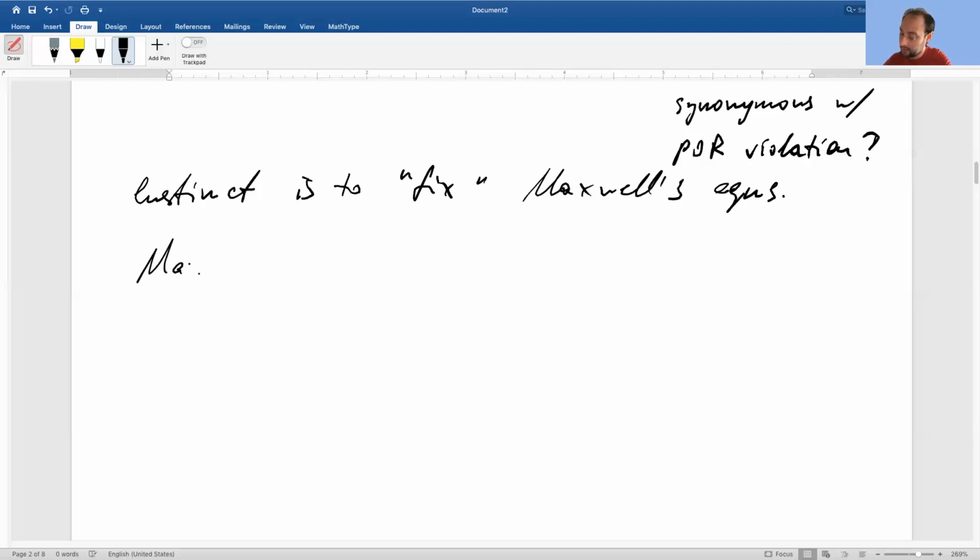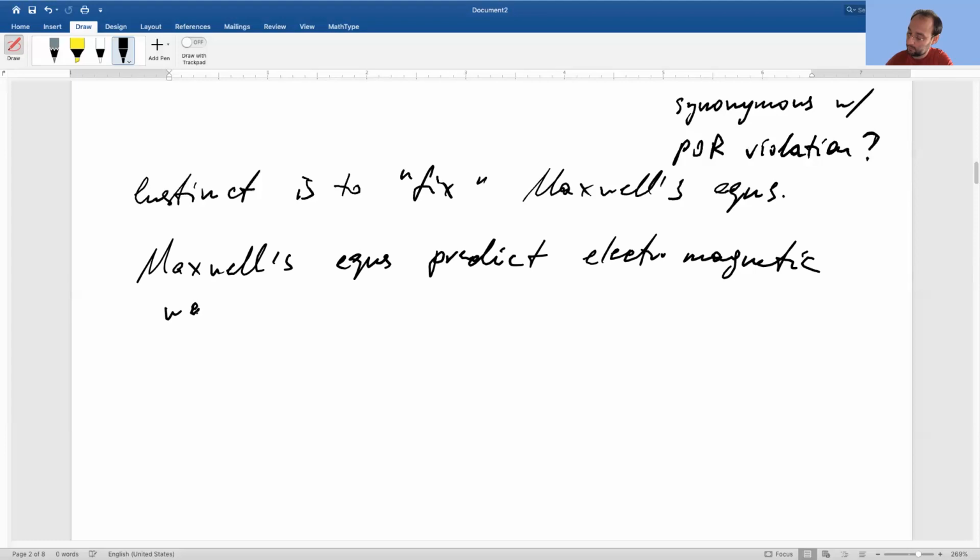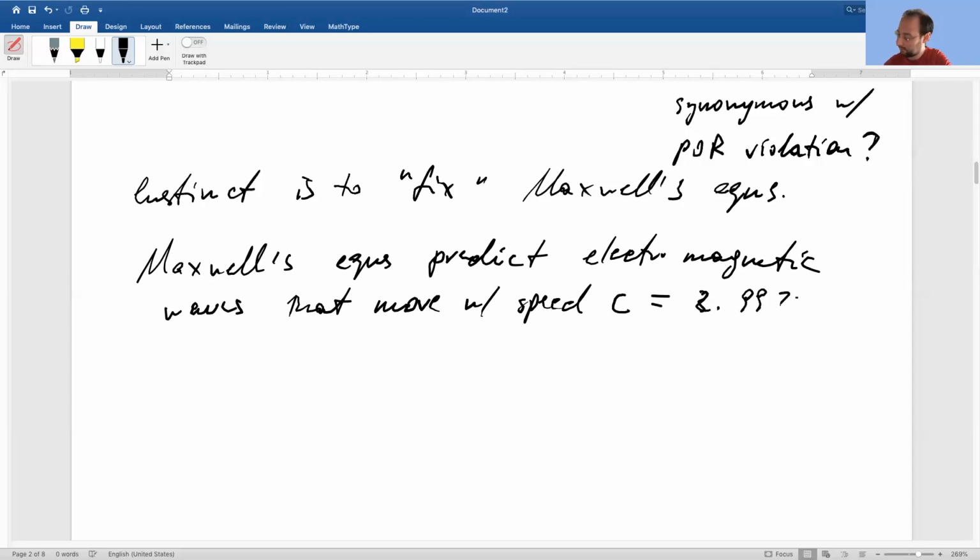So Maxwell's equations, okay? So this number c, it pops out of Maxwell's equations.